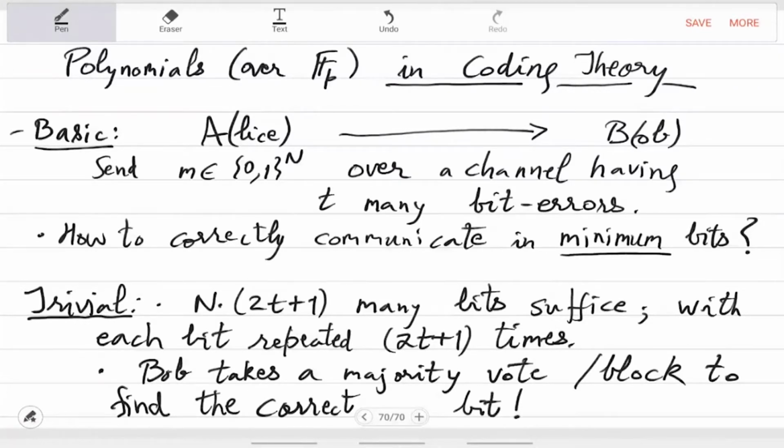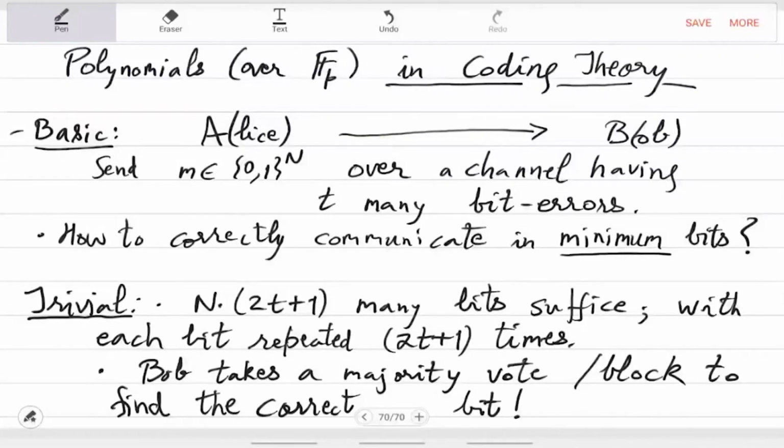Okay, 2t plus 1, t may get corrupted, but still t plus 1 will be correct. So if you take a majority vote, majority will give you the answer. Any questions? So that t we will also always think of as a fraction of n. So this is really quadratic blow up in the message.